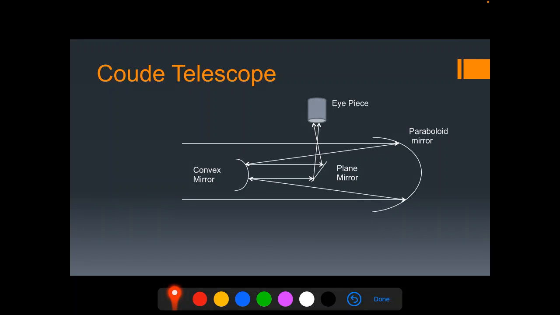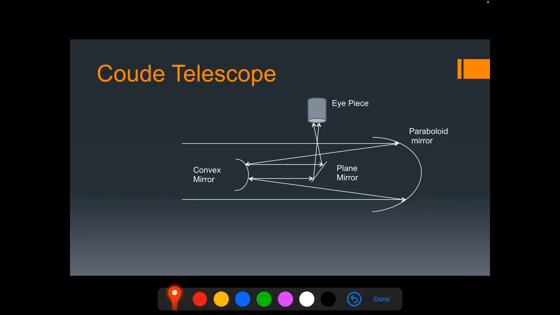Again, like the Newtonian telescope, we have to take into consideration the center of mass of this telescope while arranging the plane mirror and the eyepiece. So this is the drawback, but what is the advantage of this telescope? Due to the paraboloid and convex mirrors used as the objective, we get a higher focal length in a smaller tube.